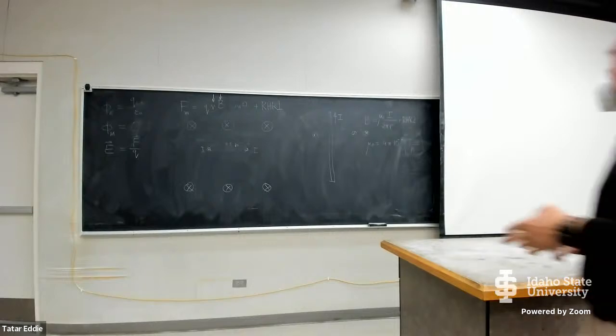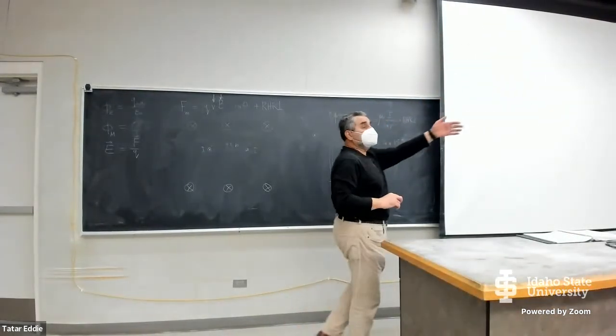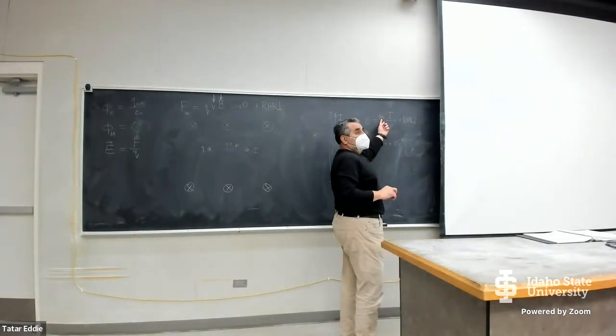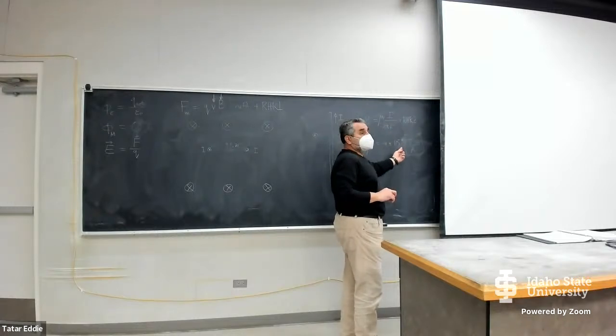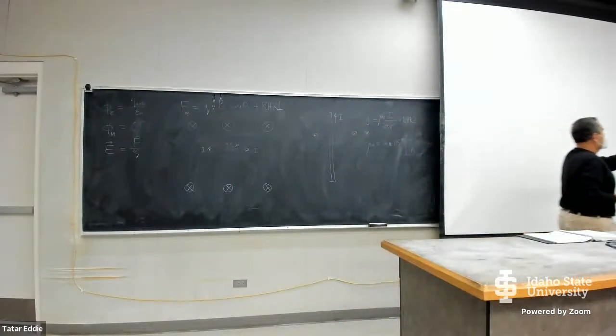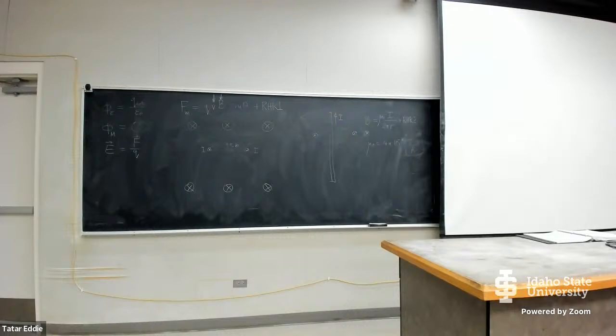Well, luckily for us, even if you get close to this current, magnetic permeability is a relatively small number, which makes the magnetic field around the current flowing here in the wall relatively small, and you don't feel it. On top of that, the direction of the current oscillates 60 times per second, which makes the magnetic field oscillate in its direction 60 times per second. And the result is you just don't feel it.